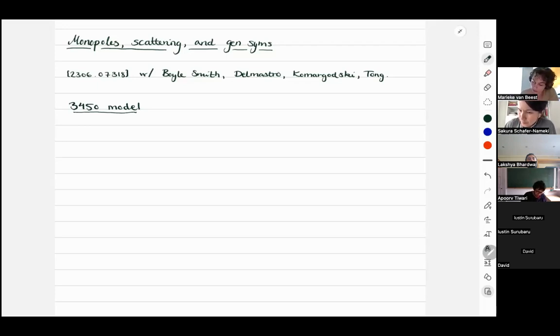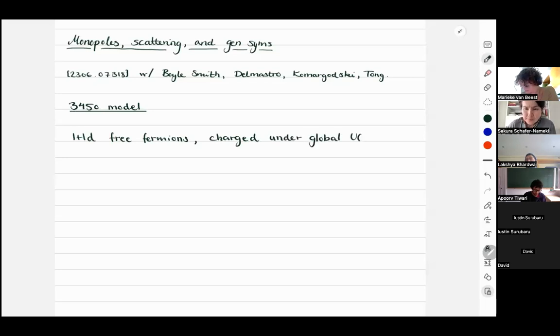And this is a model in 1+1 dimensions of a set of free fermions which are charged under a global U(1). Basically in this model we have two left-moving fermions, which we're going to call psi3 and psi4.